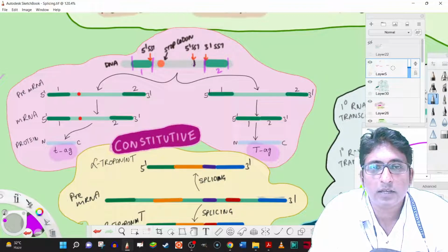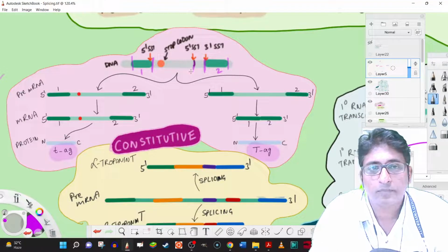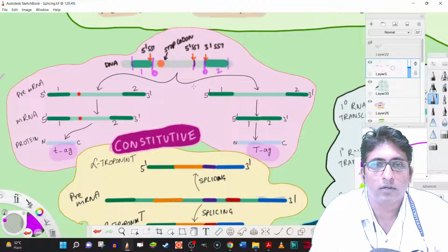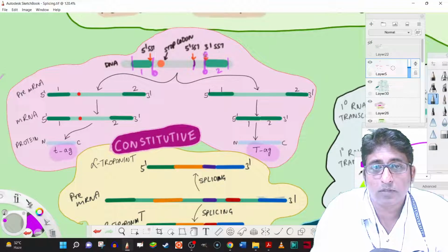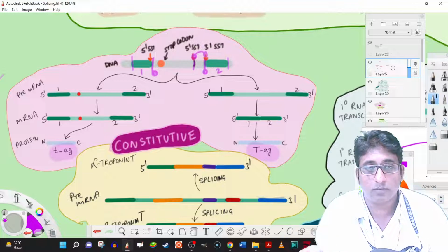There is also a splice-site-like sequence within the intron, so splicing could occur between the 5' splice site and the 3' splice site, but it could also occur between the pseudo splice site and this one. So there are two alternate forms of splicing here.